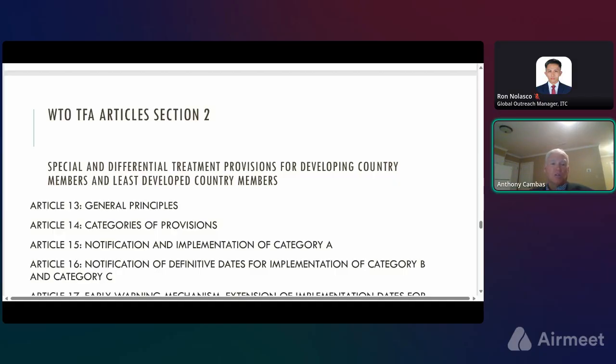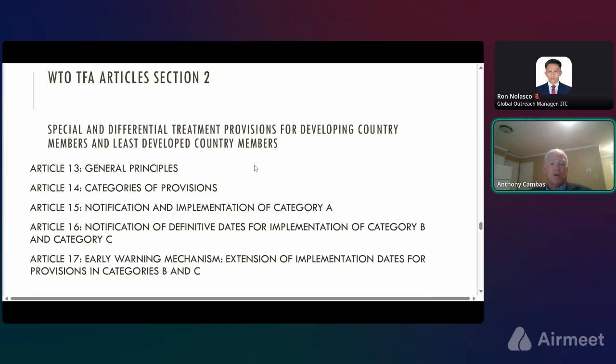So in Section 2 of the WTO TFA, these are more at a high level, gives different countries different implementation schedules, and there's a lot of complexities around implementing trade facilitation. And I'll talk some here about my own experience. I think I've worked in about 20 countries on long and short-term customs projects.